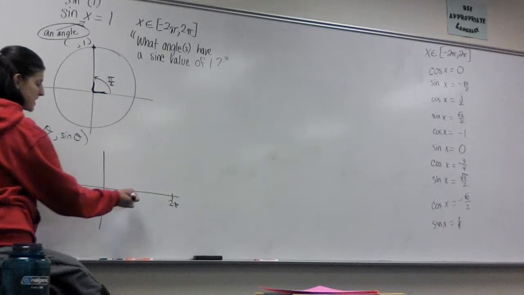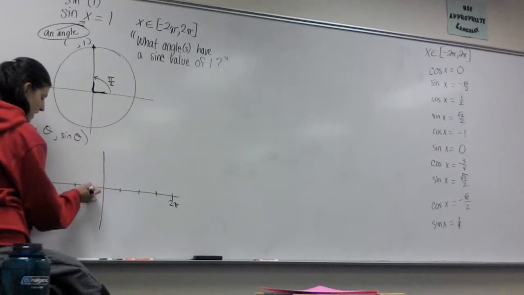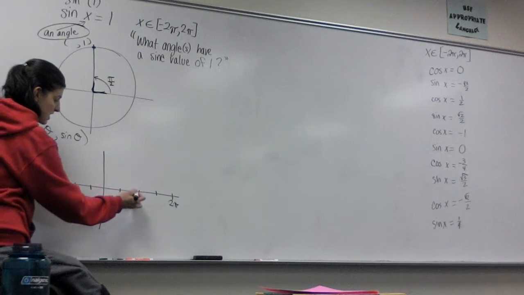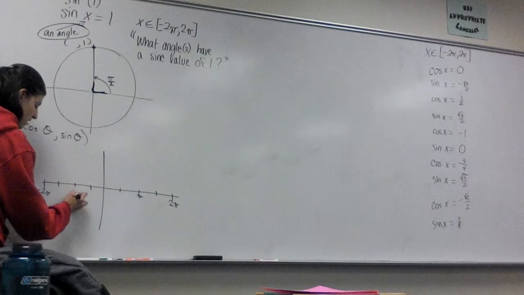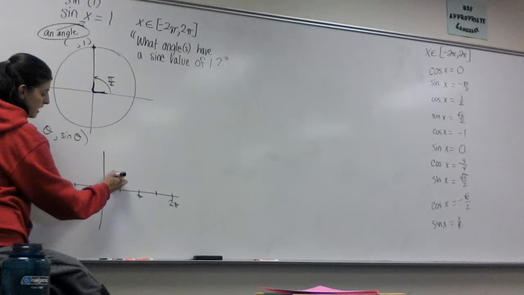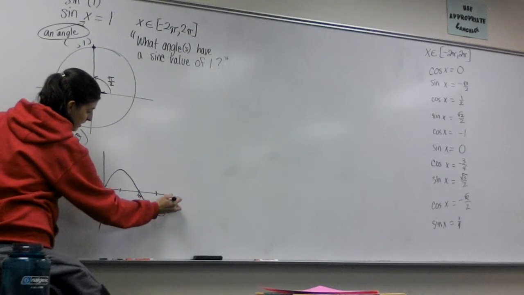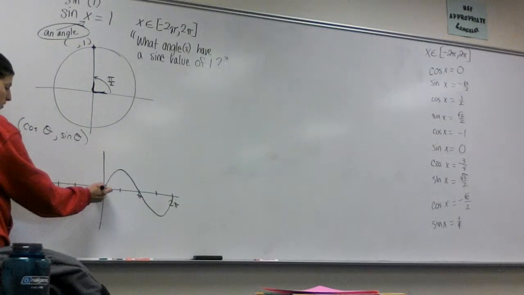The graph of sine, I'm not going to talk with you about it so much right now because of time. But the graph of sine would start at the origin and increase before coming back down and then coming back up to the x-axis.